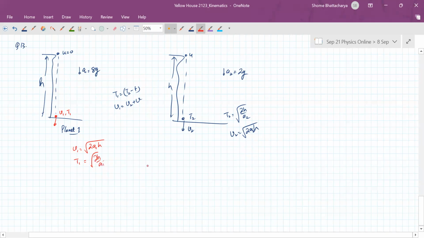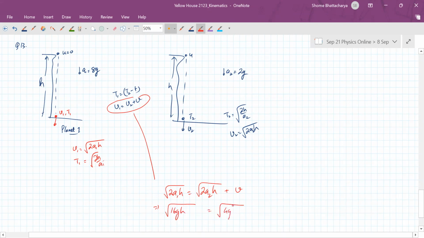Okay, so v1. So now let's use this information first. Okay, so v1 which is square root of 2a1h is equal to v2 which is square root of 2a2h plus v. So let's substitute the values. So this is 8g, so square root of 16gh is equal to square root of, this is 2g, so 4gh, plus v.